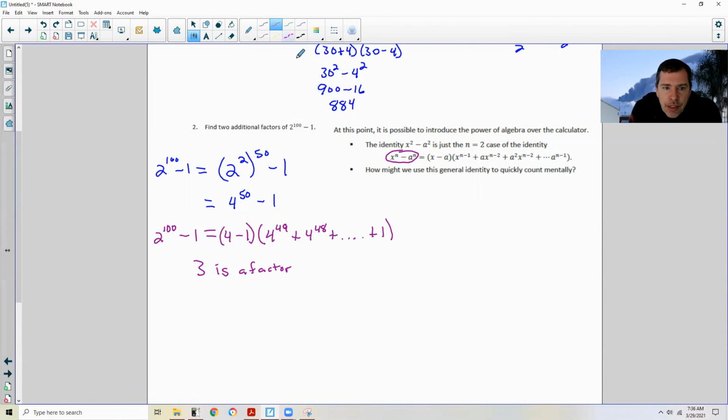So we're going to do this again. Well, how else can I represent this? How about we just switch these? So now I can say 2 to the 100 minus 1 equals 2 to the 50th power squared, because 50 times 2 is 100, minus 1. So now my x is 2.